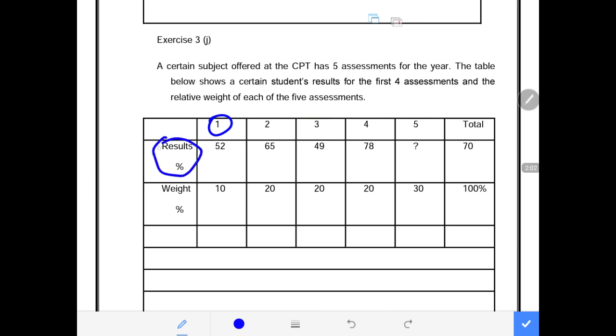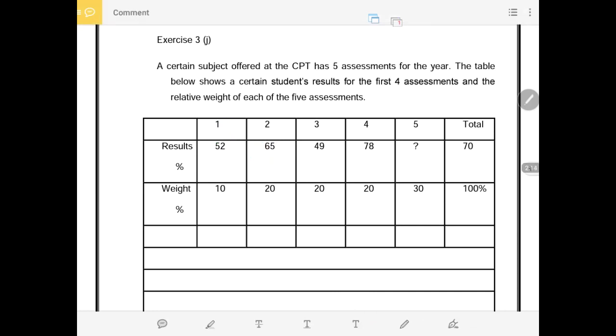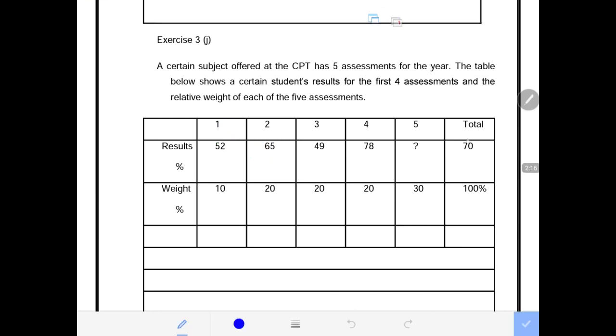These are the student results: 52%, 65 second assessment, 49 third, 78 fourth assessment. Assessment number 5 is still outstanding, but the student's target is to obtain 70% overall of all the 5 assessments, so that you can get 70% overall for the subject.